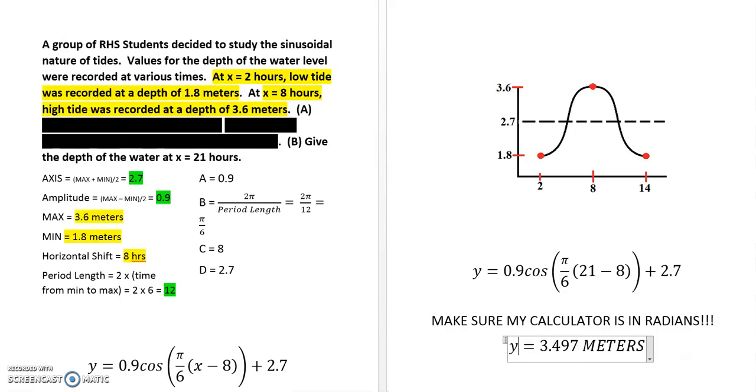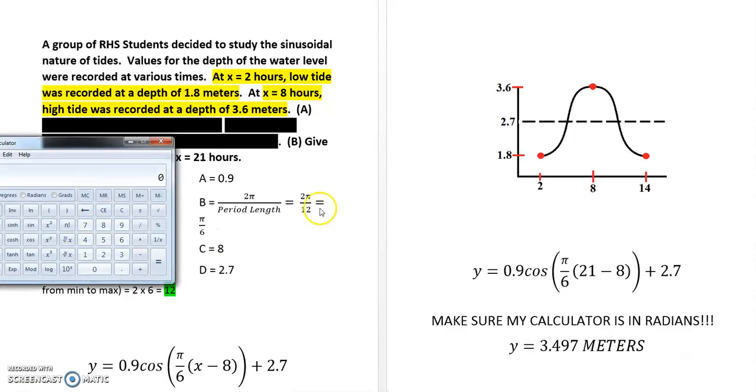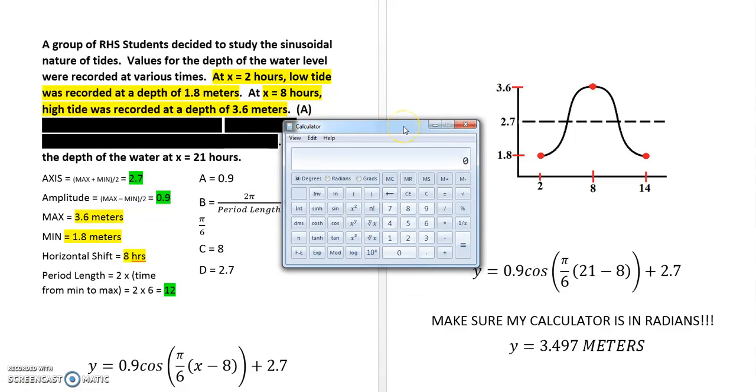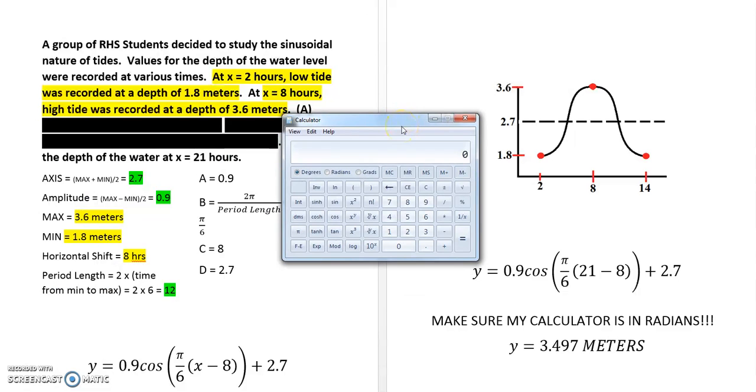I can show you that on the calculator. It'll be the basic calculator. But we have here 0.9 times, well, let's clear that out. Okay, so we have to start from the inside, since this is 21 minus 8.